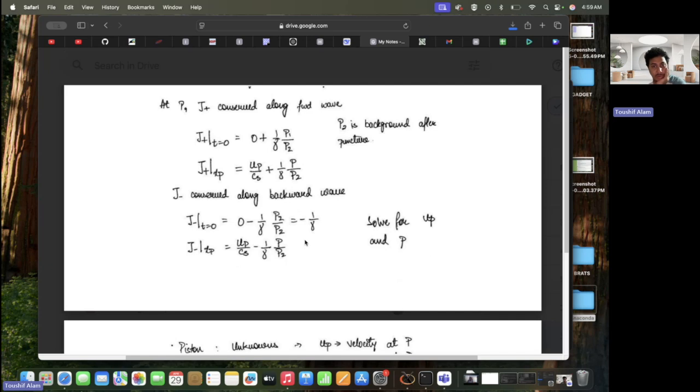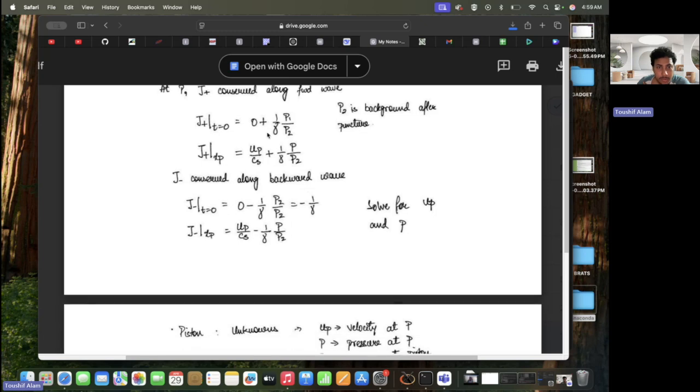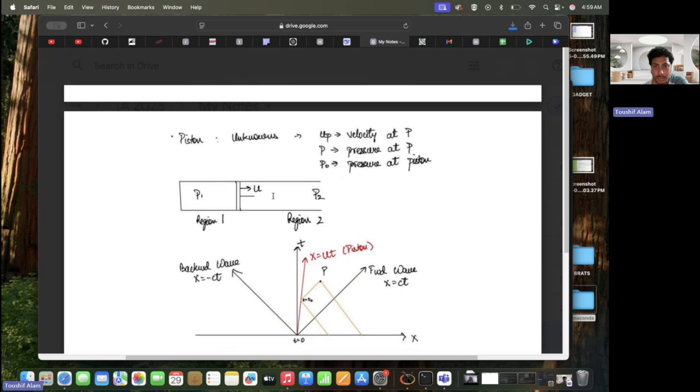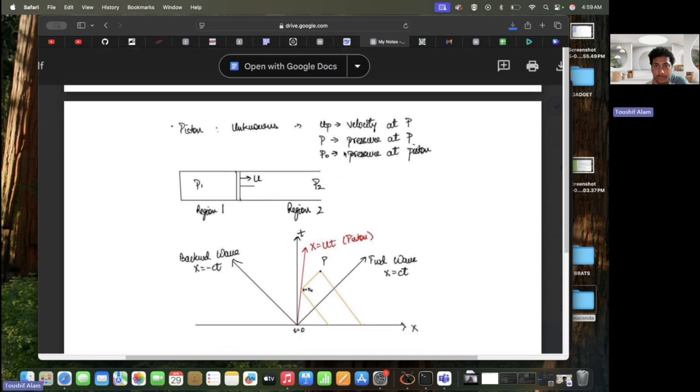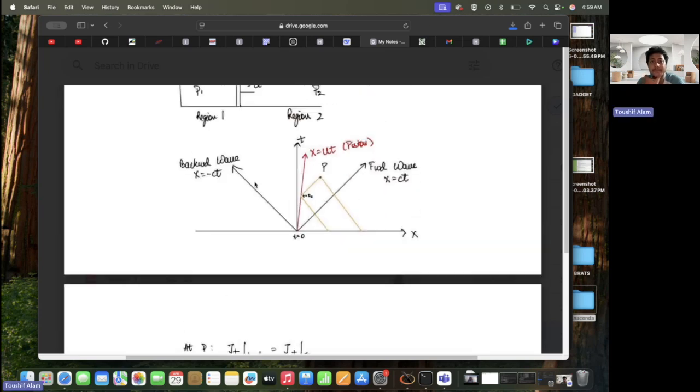J minus is conserved along the backward wave. So J minus at t is equal to 0 will be this minus 1 by gamma. J minus at the piston will be this. So if you solve for UP and P from these four equations for the piston, UP will start, P, P naught, P start at the piston, and this will move like this. So you will get this.